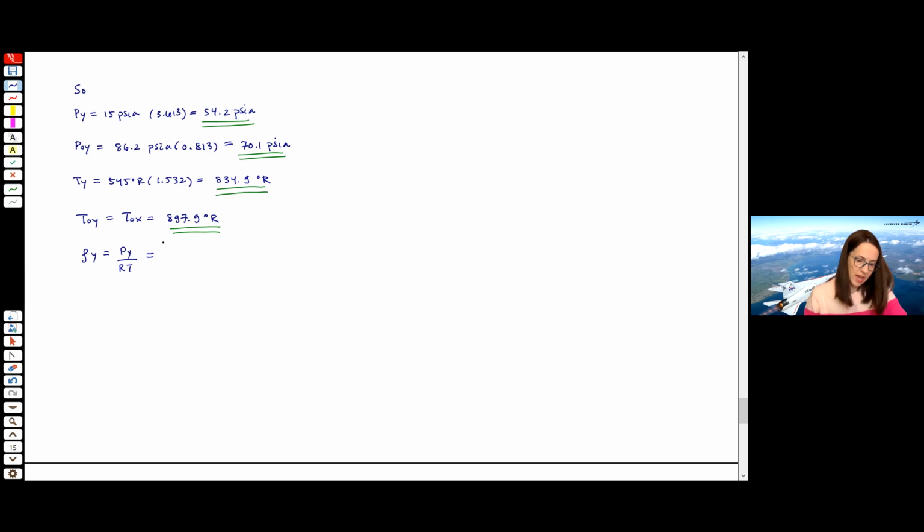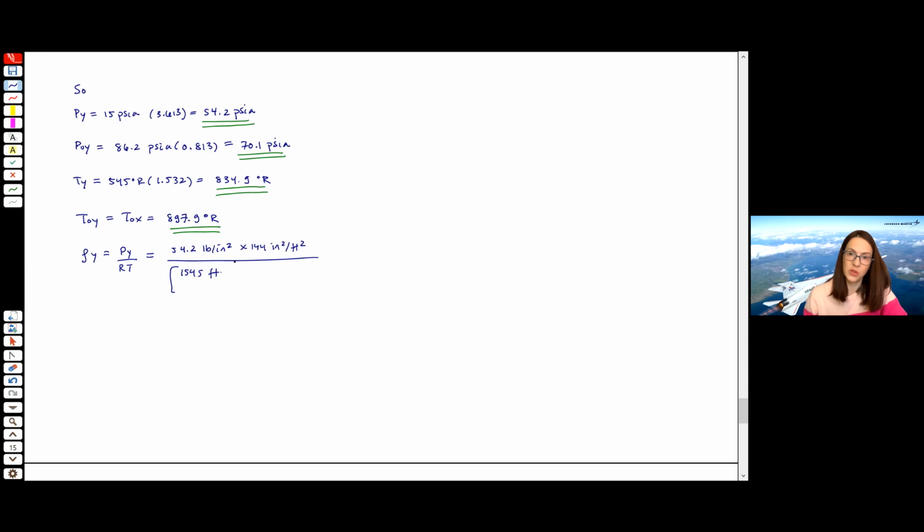So I go ahead and just sub in that 54.2 pounds per inch squared, but we've got to be careful about units, and it's not just converting from feet squared to inches squared. Look at what happens with our gas constant R. If you look up the gas constant, you might get 1545 feet.